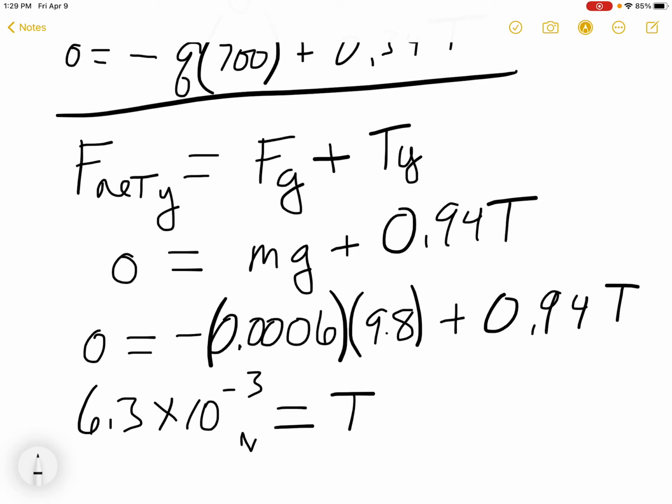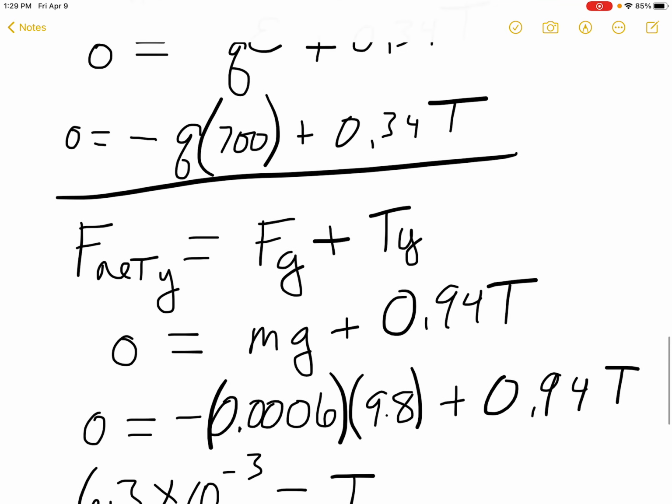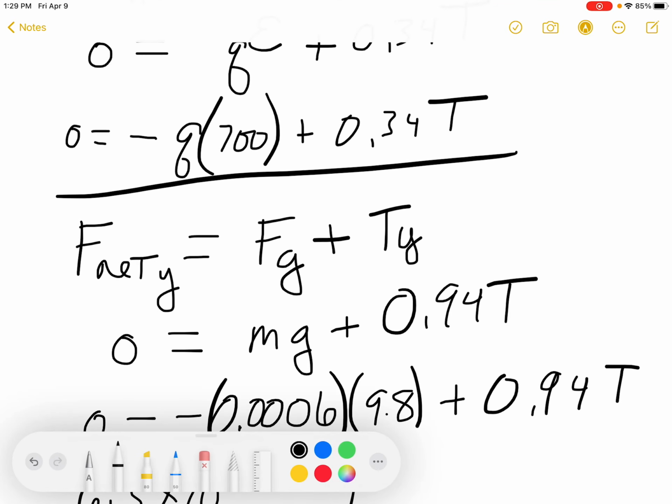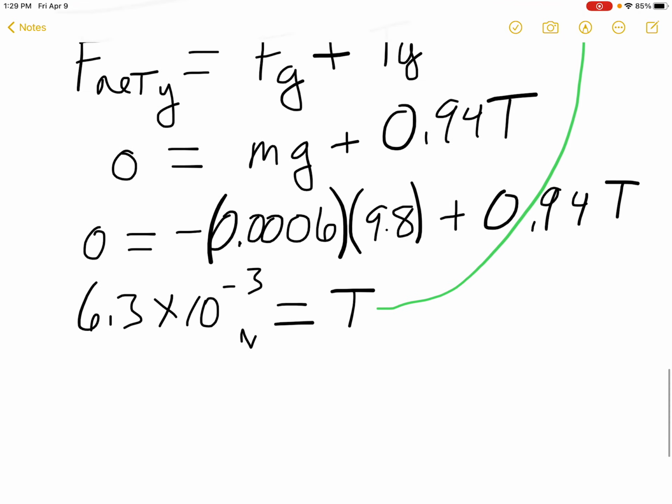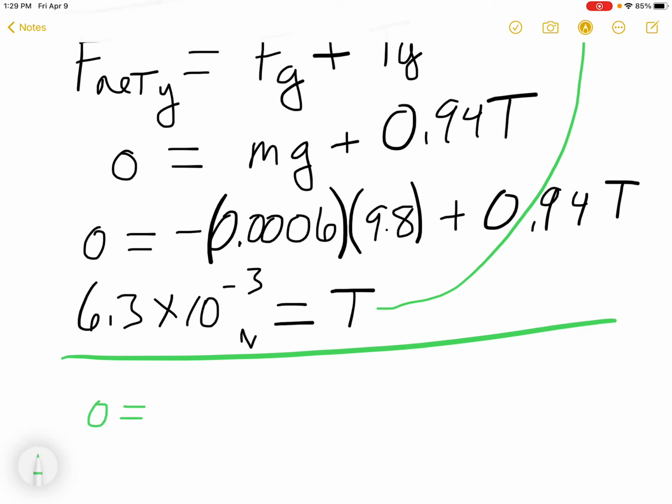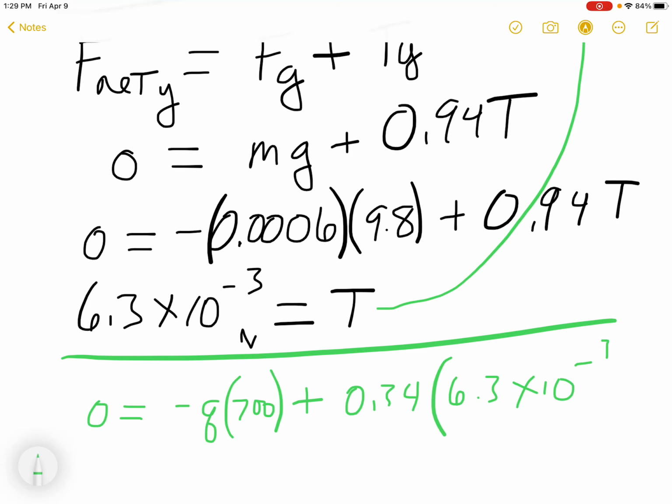So now I can use that number back up here. I can take that number and substitute it right up here where the T is. So if I do that, I go back to my F net x equation, and it would read 0 equals negative Q times 700, and then plus 0.34, but in place of T, I can now insert this number.